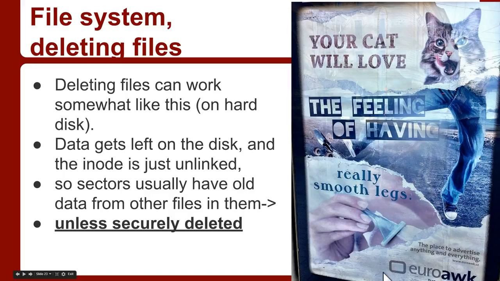It doesn't go all the way to really smooth legs. But if you look at the disk in a raw format, this block will have all this data. So when you delete stuff, the data does just get left on the disk until it's garbage collected, which may happen at any time, and the inode is just unlinked.